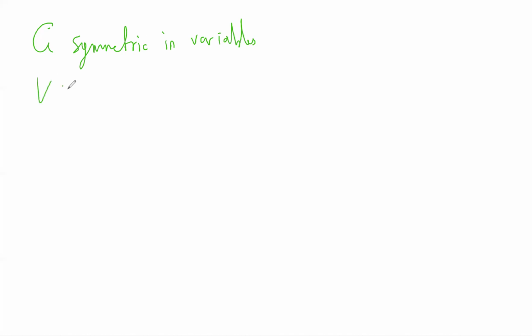Define V equals product i less than j of xj minus xi. It's like it's backwards.